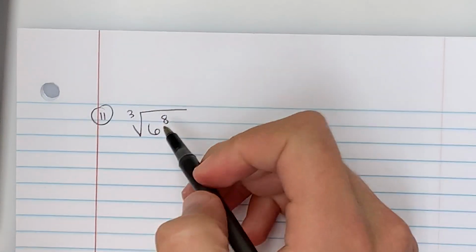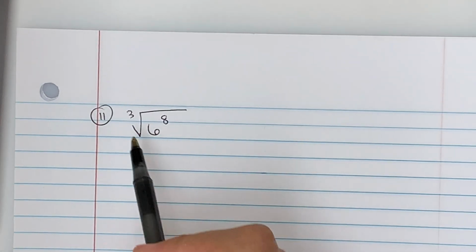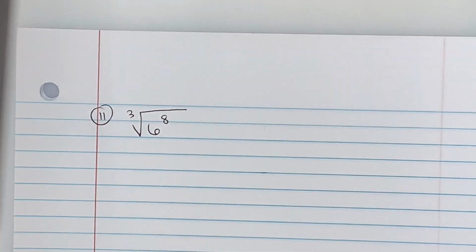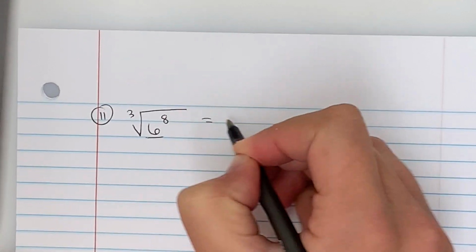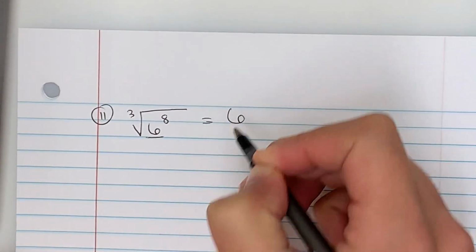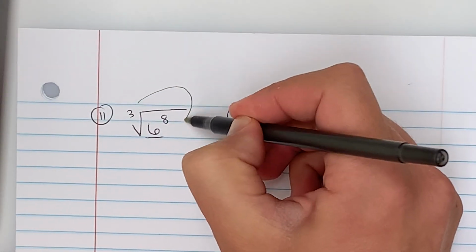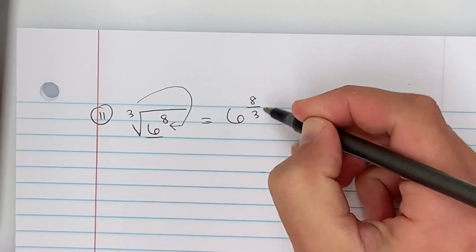So I'm not asking you what is 6 to the 8, all right? We don't need to calculate that out. We just need to turn the radical into a rational exponent. So we're going to keep the number that's down there. So this is going to equal 6. The 3 is going to come back around and under that 8. There we go.